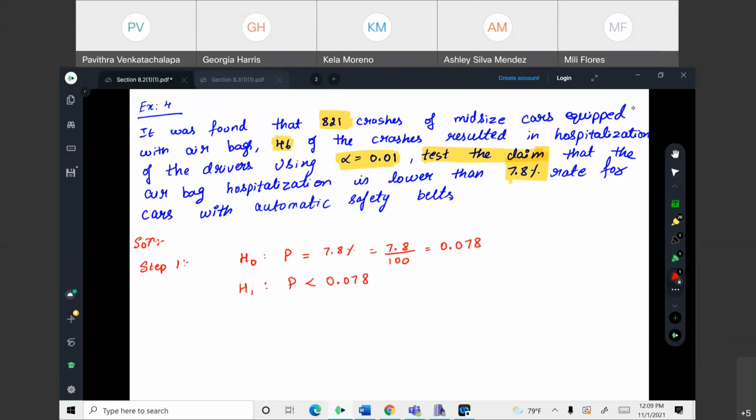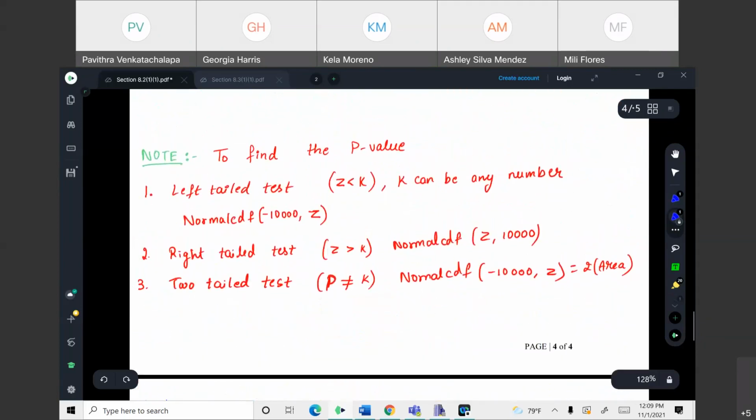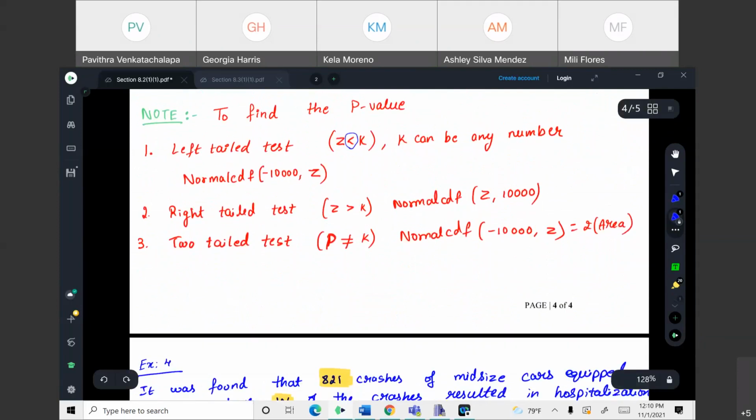Now since it is less than, it is a right tail. Sorry, left tail. If p is less than, it is a left-tailed test. So you have to use normal CDF in this way and find out the area.